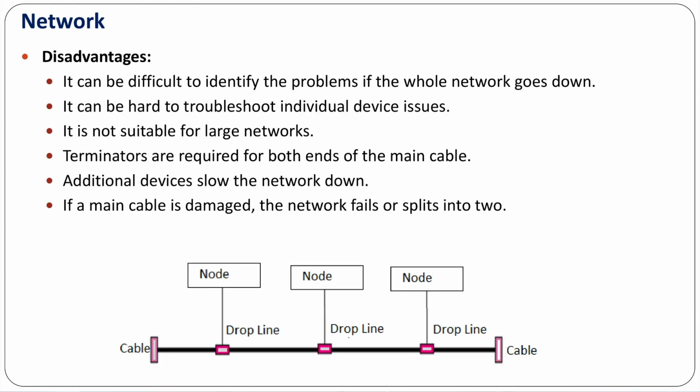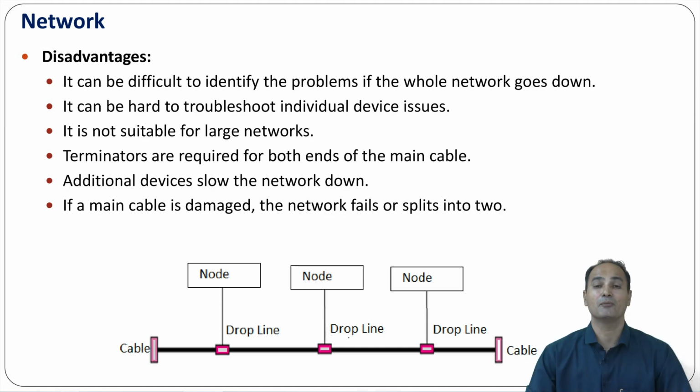Apart from advantages, line topology also suffers from certain limitations. Among them, it can be difficult to identify the problem if the whole network goes down. As we can see in the image, it can be hard to troubleshoot individual device issues. It is not suitable for large networks.